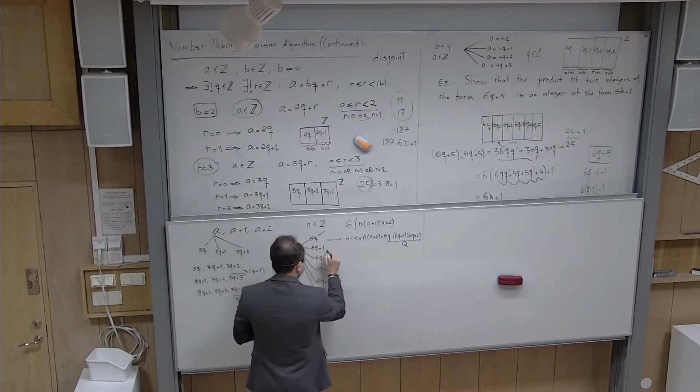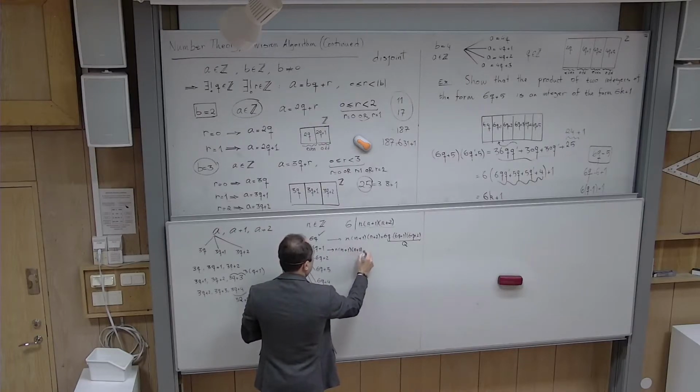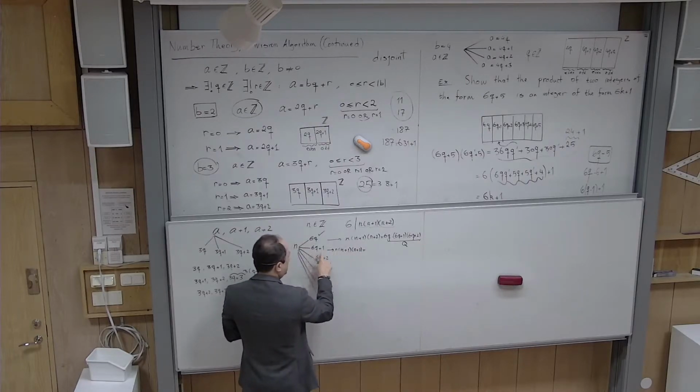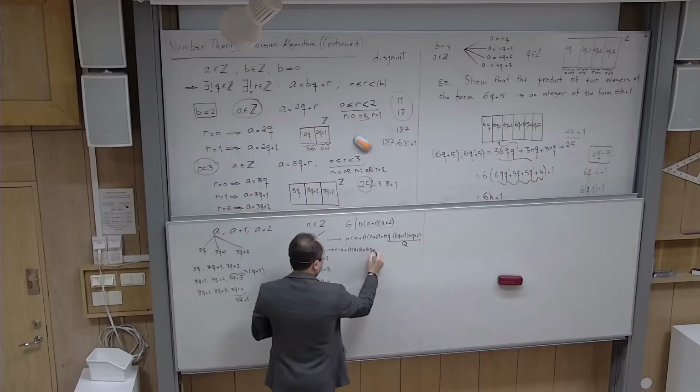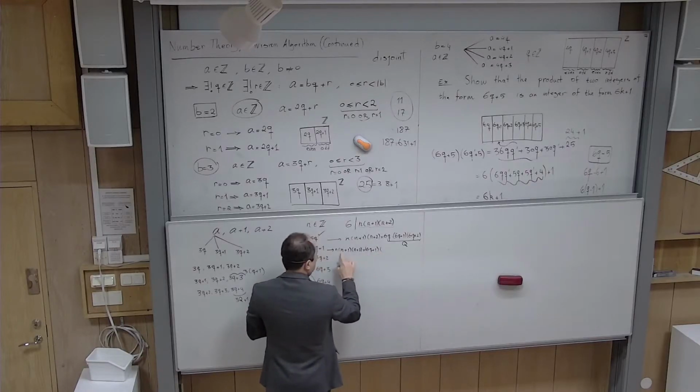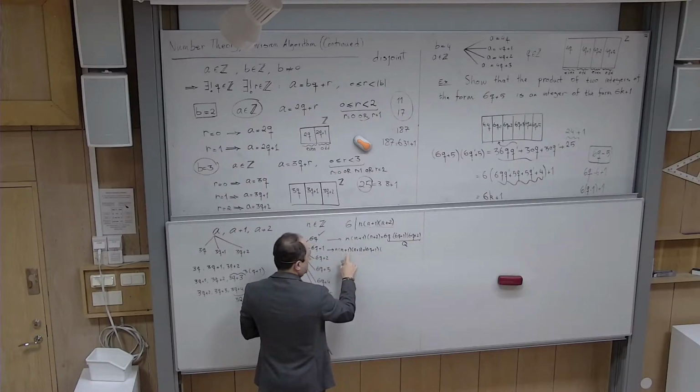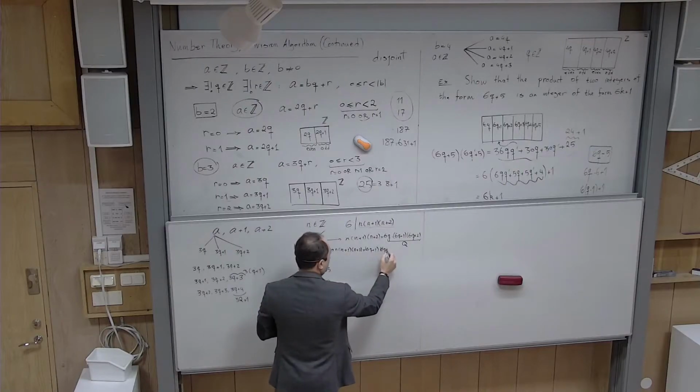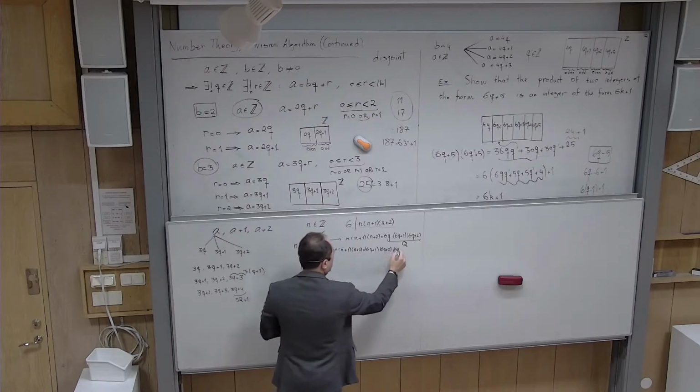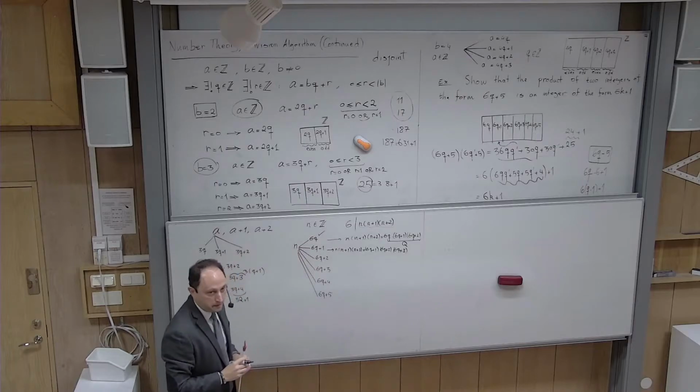If I go to the next one, n times n plus 1, n plus 2, what happens for this? The first one is 6q plus 1. So what is the next one then? It becomes 6q plus 1 plus another 1, so it becomes 6q plus 2, and then multiplied by 6q plus 3. Okay, but then what?